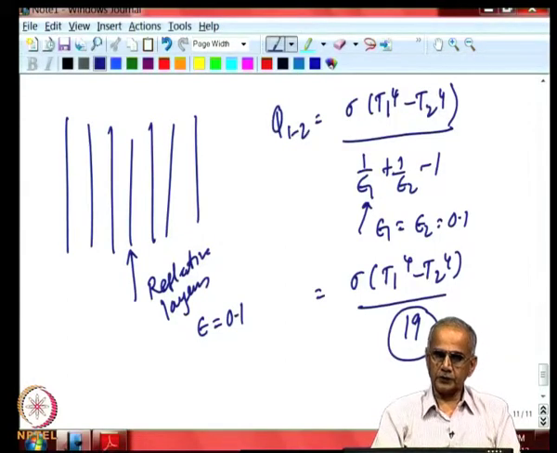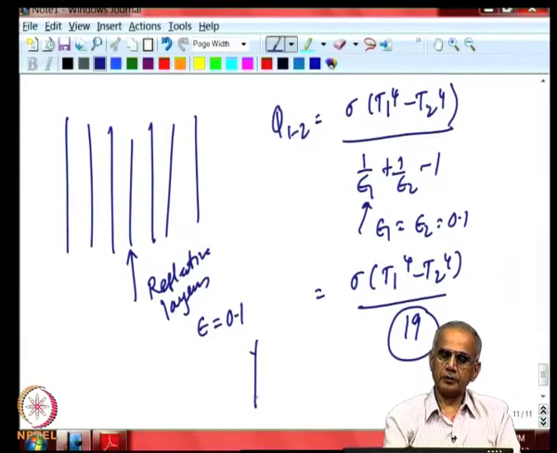Of course, you must remember that this works extremely well in space where there is no other mode of heat transfer except radiation, but on the ground there will always also be convection between the plates. So, you have cut down radiation, but you cannot cut down convection.